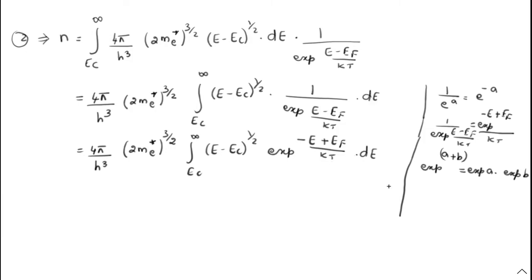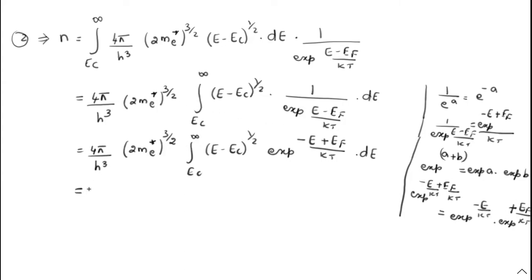So how can I write exponential of minus E plus EF, divided by KT? I can write exponential of minus E by KT into exponential of plus EF by KT. So this plus EF by KT I am going to take out of this integration part.